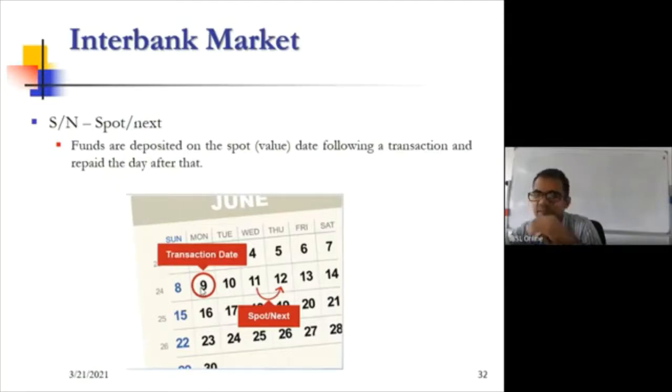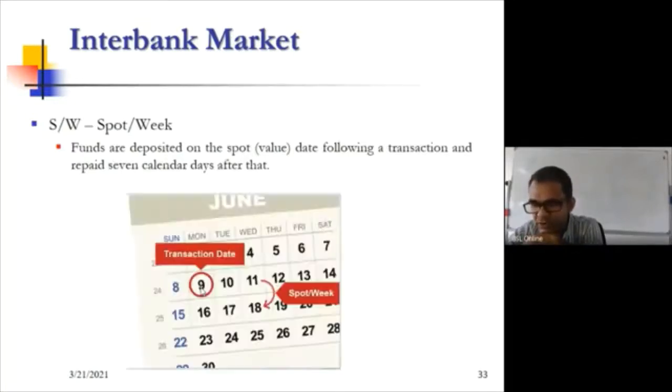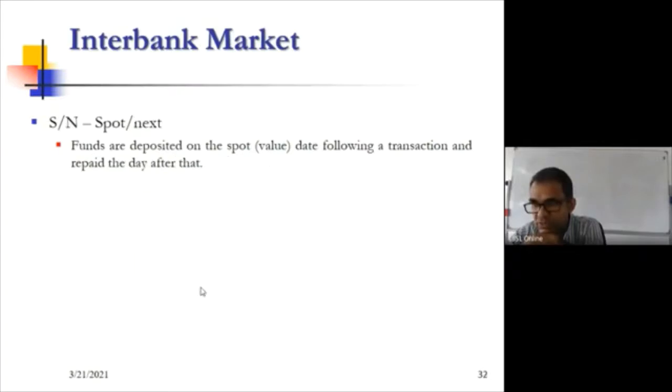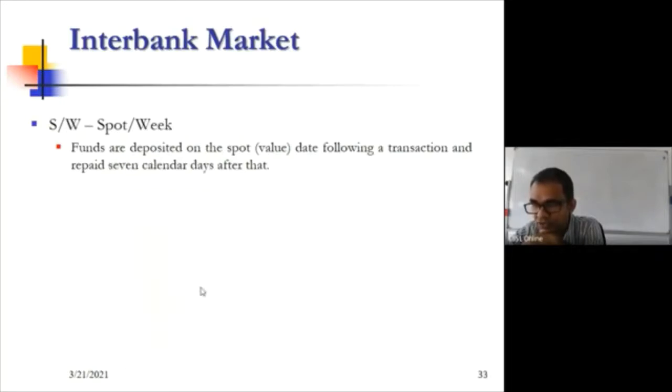The other one is spot week. In spot next, you borrow or deposit for 1 day over spot, but in spot week, you borrow or lend on the spot date over a period of 1 week.